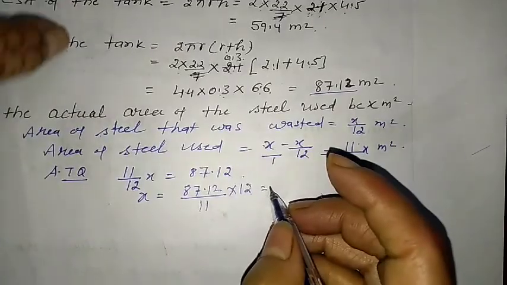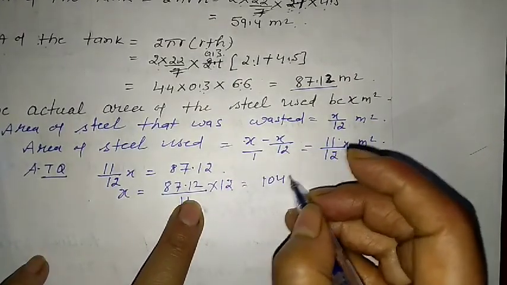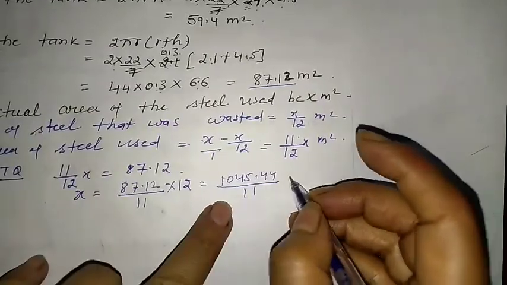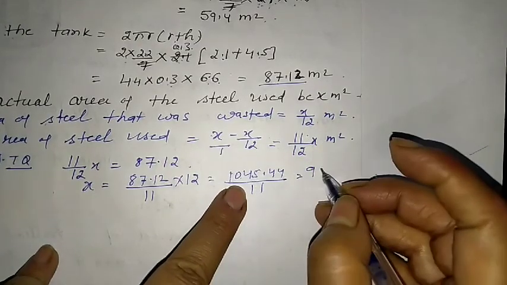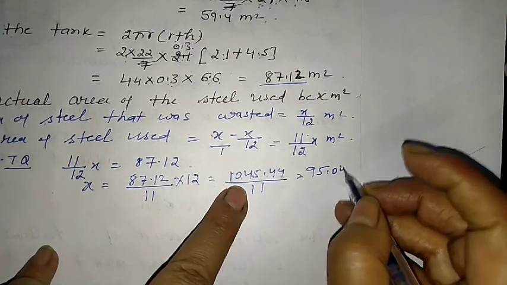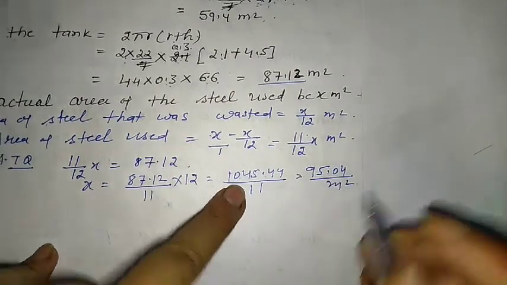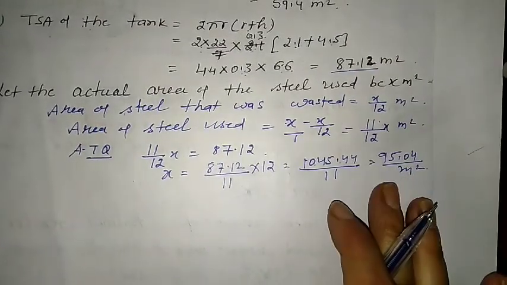If we multiply 11 and 12 and this one, we get here 104.544 divided by 11. This can be 11 nines are 99, 14 minus 5, 55.0 and 4, 95.04 meter square. This is the actually steel used.